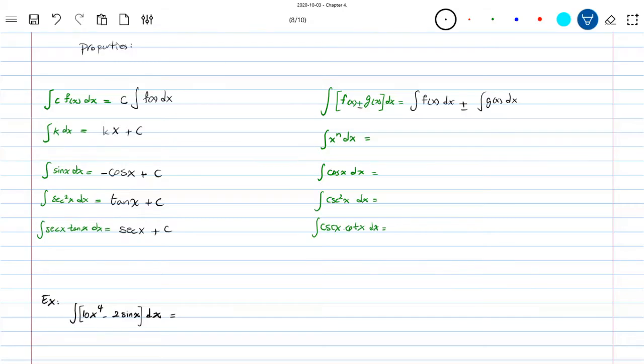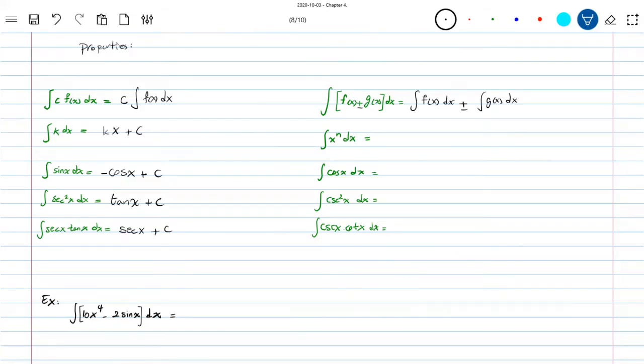Remember, for the derivatives, we had the product rule and quotient rule. The same thing for the integral. You cannot simply write the integral of a multiplication or the integral of a division. We have to come up with a method to calculate those. We'll discuss that in the next sections, but at the moment we only want to find the simple integrals.